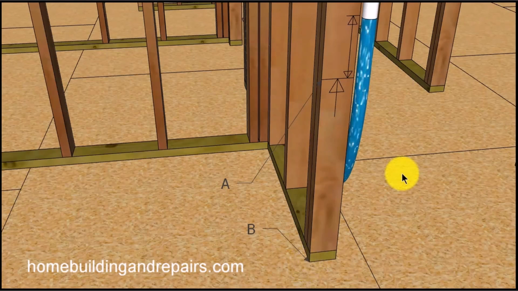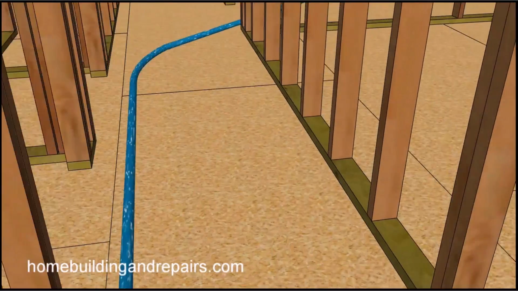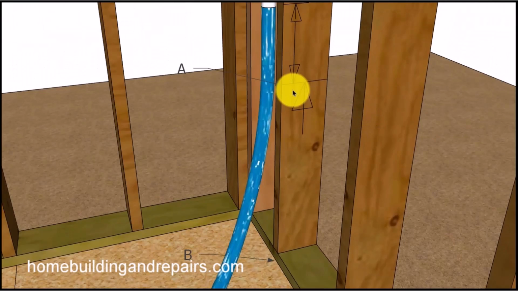Let's go ahead and do a sample measurement here. Top of the floor, which is B. The main leveling line is A. We are going to pretend like this is 24 inches, top of the floor to our main line. Let's head over to our corner. And if this measurement is 24 inches, then your building is level. Now this is where it gets a little confusing.